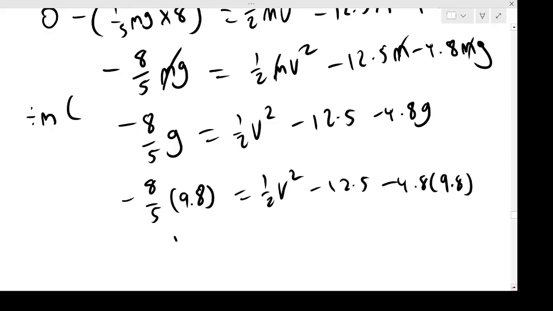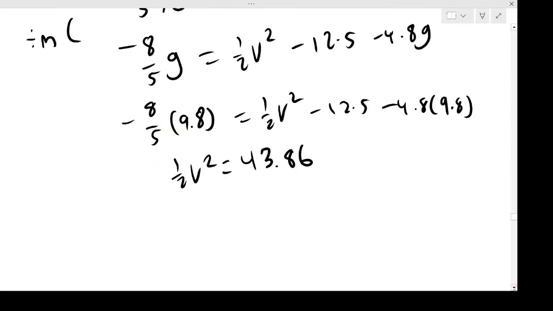Now if I simplify this, half v squared is going to equal 43.86, I believe.